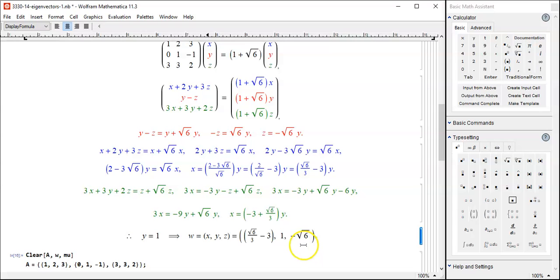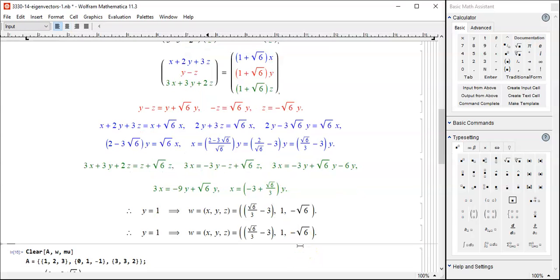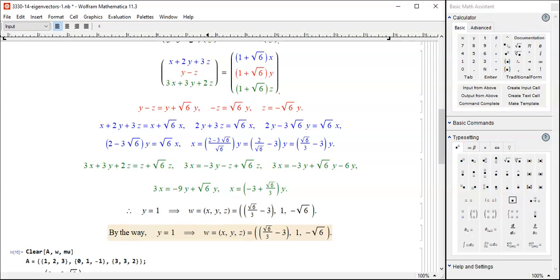By the way, what if you don't want to plug in y equals 1? If you plug in y equals 3, multiply by 3, and why am I doing that? To kill off this denominator.